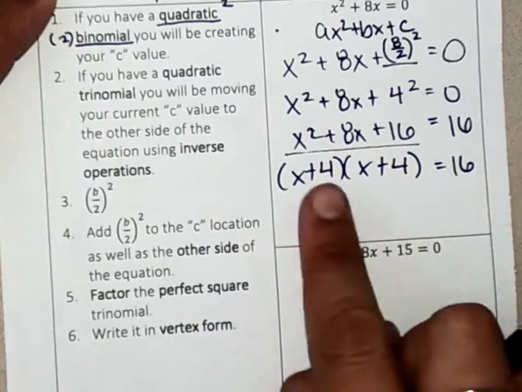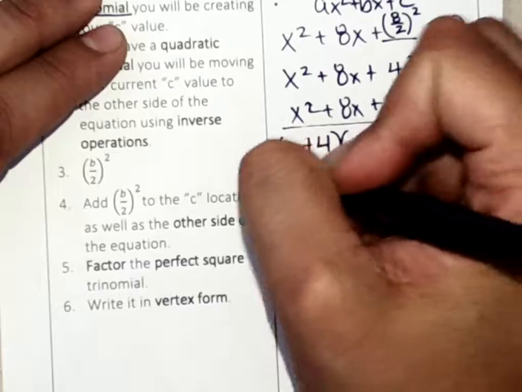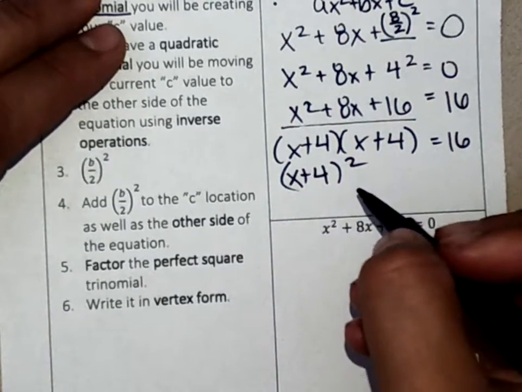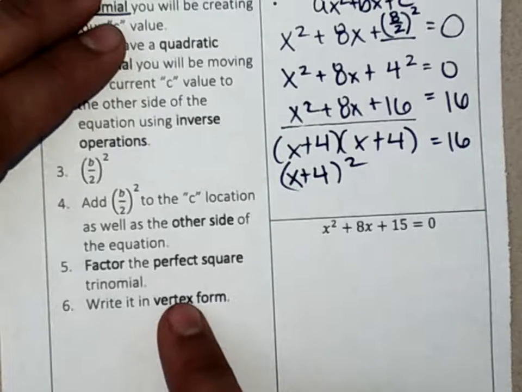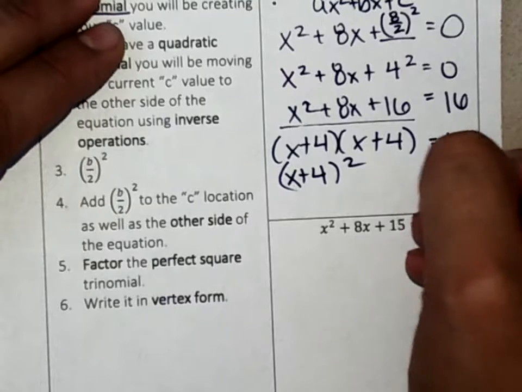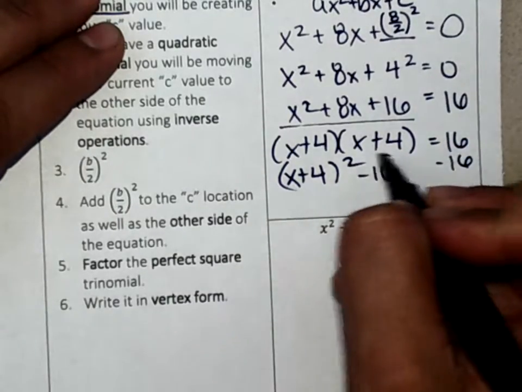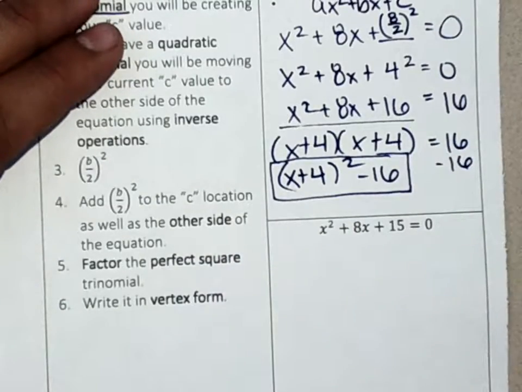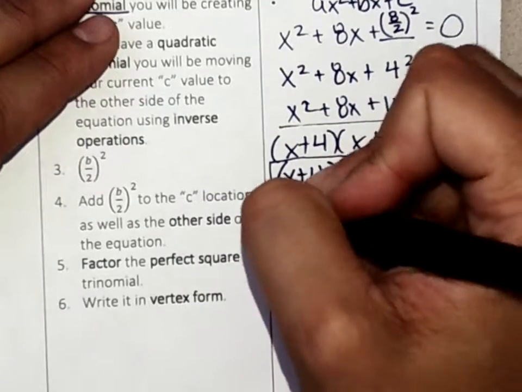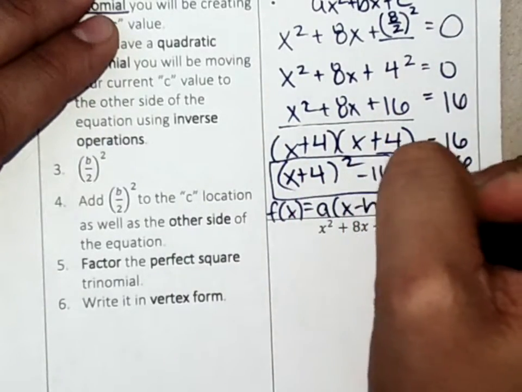And because we have 2 of the exact same terms, we can now write it as an exponent, which is what we are trying to get to, because to write something in vertex form, we want to have an exponential value. We're then also going to subtract 16 on both sides, and this leaves us with x plus 4 quantity squared minus 16. Remember, vertex form is f of x equals a x minus h quantity squared plus k.